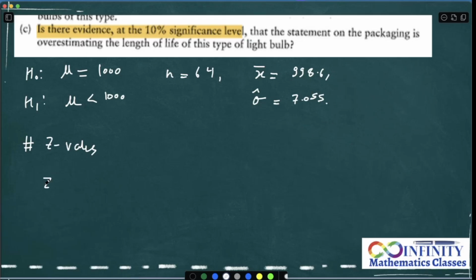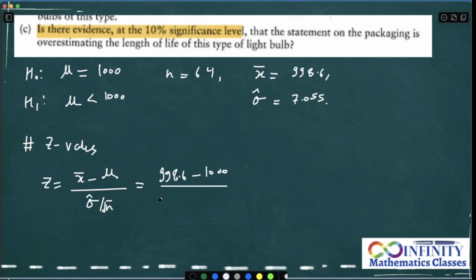We use Z equals X bar minus mu naught, divided by sigma over square root of n. X bar is 998.6 minus mu, which is 1,000, divided by sigma, that is 7.055, divided by the square root of 64. Square root of 64, I can write 8 directly.